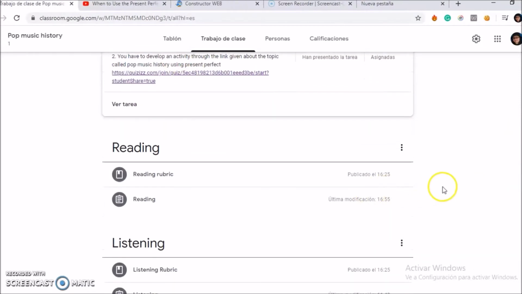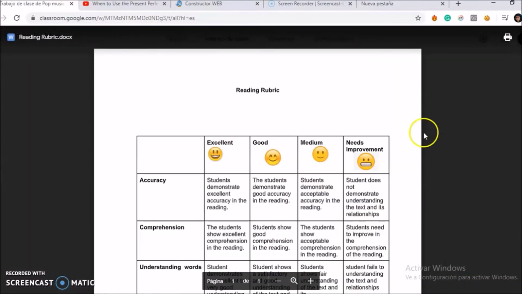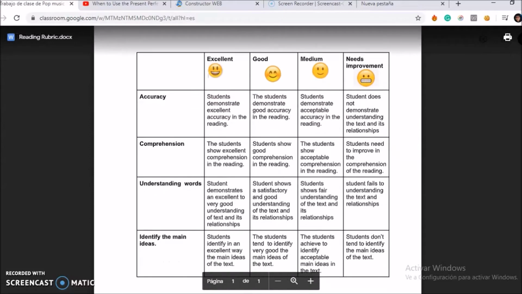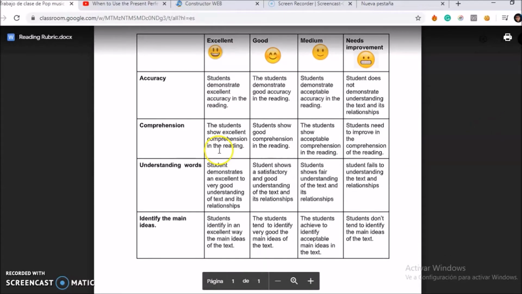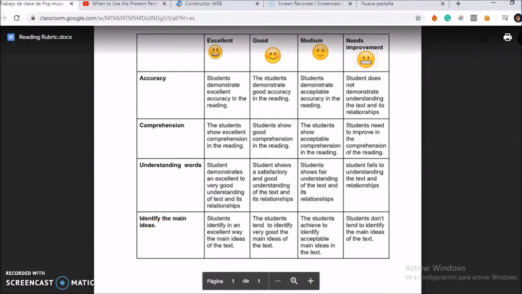And in this part, there is the other skill that is reading. There is a rubric also. In this part, we evaluate the activity of the reading. So there are 4 items like accuracy, comprehension, understanding words, and identify the main ideas.